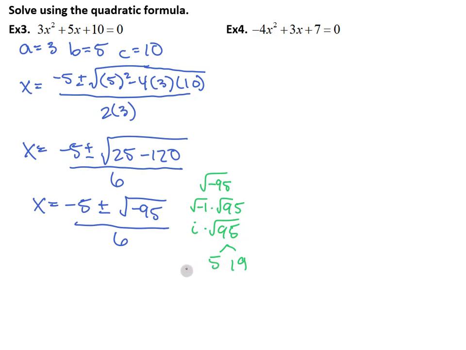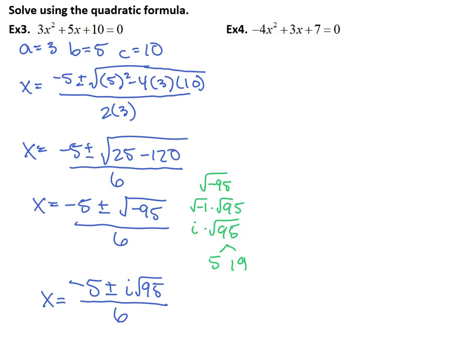So in fact, the square root of 95 does not simplify, but we can and need to take that i out of our radical. So since we didn't get to take a number out of our radical, only i, we won't be able to reduce the overall fraction. So we end up getting negative 5 plus or minus i root 95 all over 6.